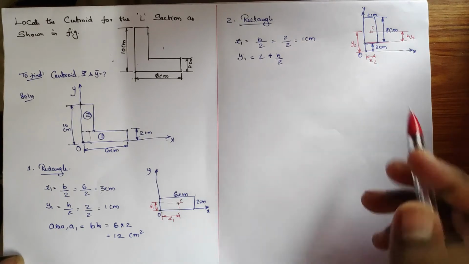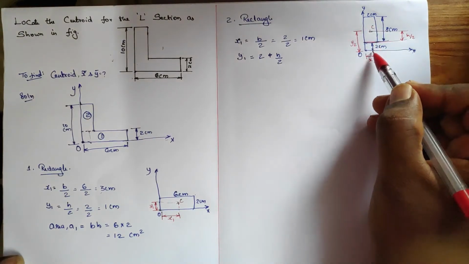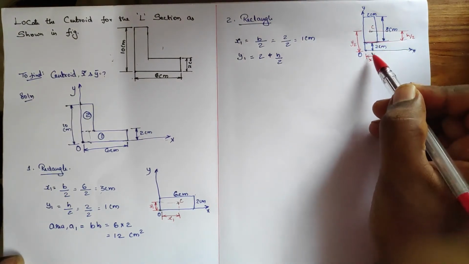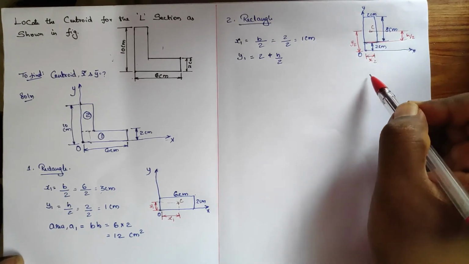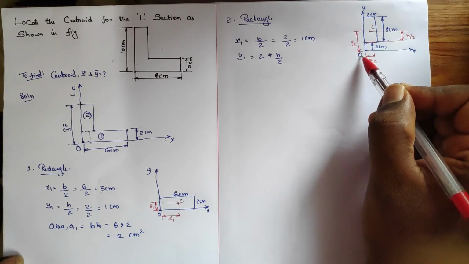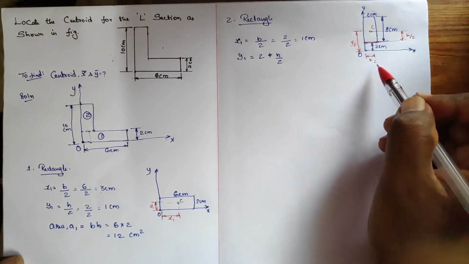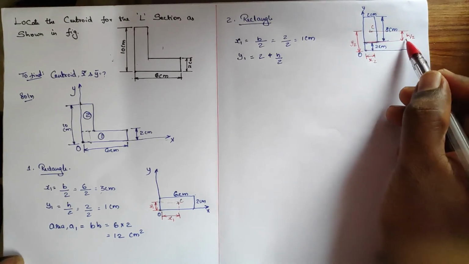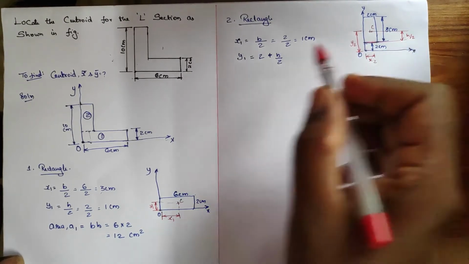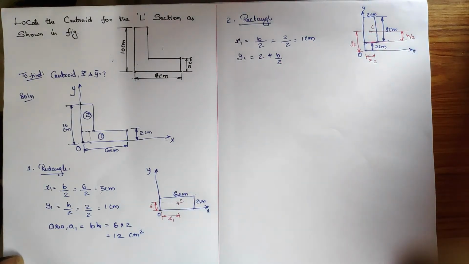The formula for the rectangle is h divided by 2 in y, right? But the thing is, the component is some distance from this x axis, am I right? So we specify the y2 from point O to this C. So we just added this 2 plus its own centroid. So 2 plus h divided by 2.